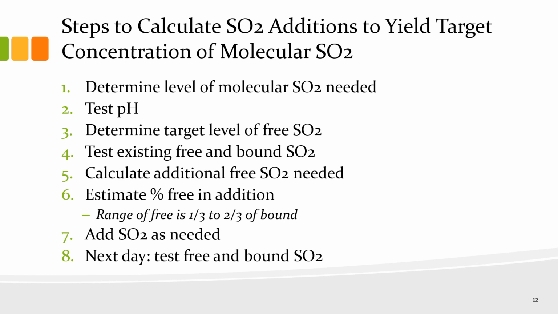And we talked about estimating the percent free in any addition, and that ranges usually from 1/3 to 2/3 depending on how cloudy the wine is. In the next video, we'll pick up those 2 steps and incorporate them into this list of 8 steps for determining how much SO2 to add in order to reach a target concentration of molecular SO2. See you in the next video.